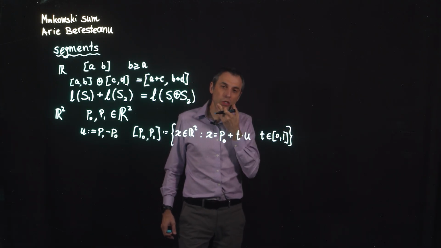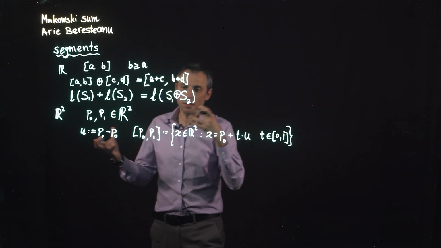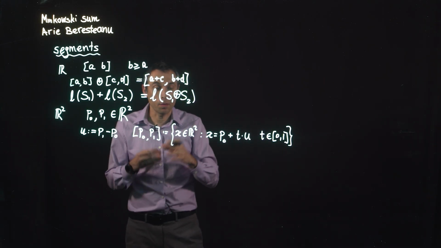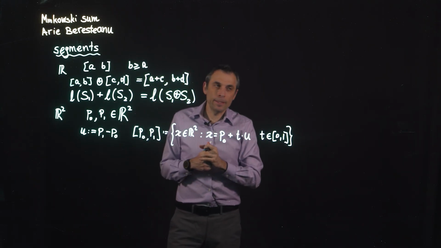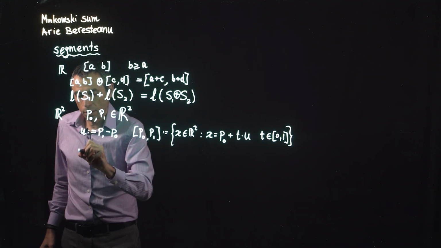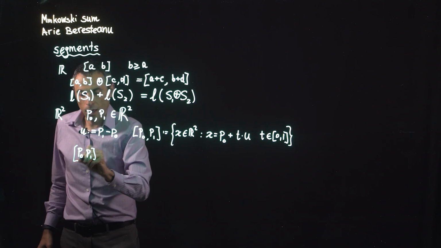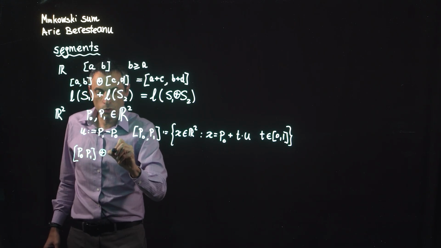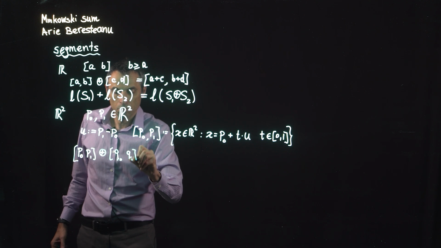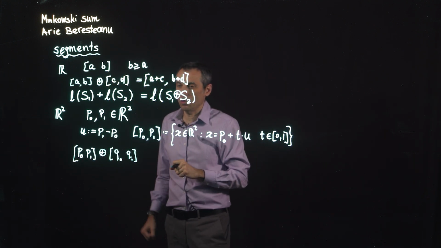Now the question is, suppose I have 2 segments. This is something that in partial identification we will have to do: we will sum some segments. What if I take 2 segments the way I defined them here? I have P0, P1, the first segment, and I want to do a Minkowski sum with another segment, Q0, Q1, which start and end at 2 other points.